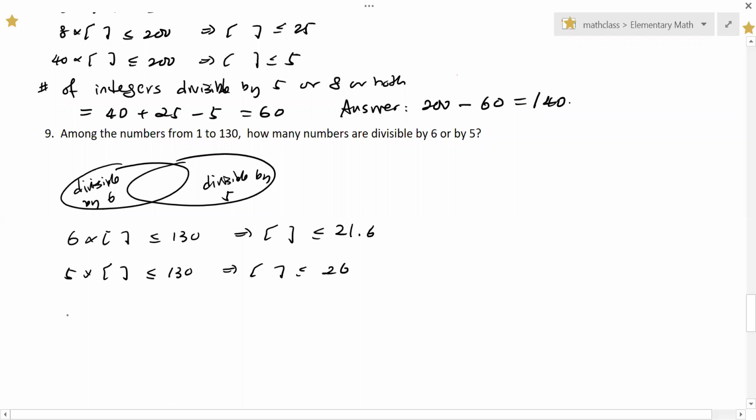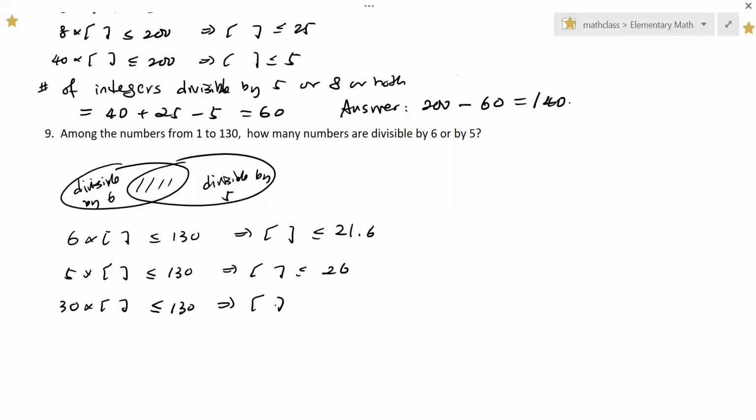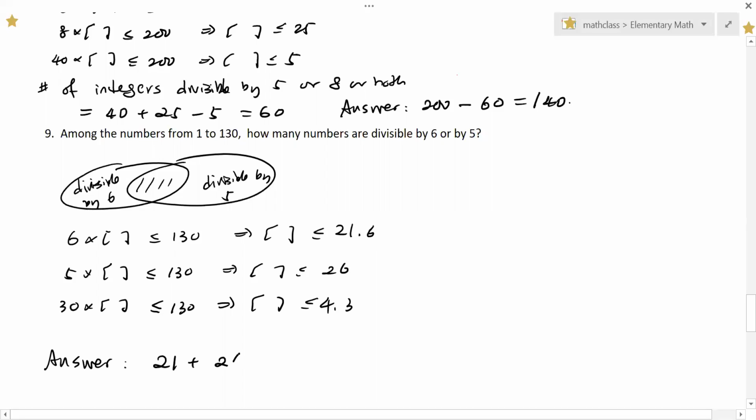But there are some numbers in the intersection, okay? In the intersection, you have 30 times this. So let's see, 130 divided by 30 is less than 4.3 something, right? So you have 4 multiples of 30, okay? So the answer here is going to be 21 plus 26 minus 4, okay?